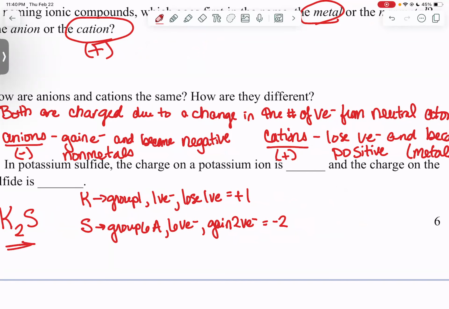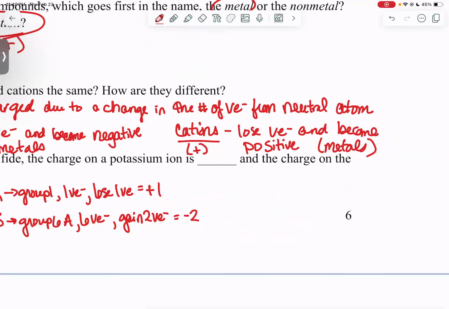Okay, so now that we know the charges, I'm going to show you 2 different ways to get to this formula. So the first way is kind of the long way, but that's okay. It's going to make sense. So I'm going to start with my potassium. How many valence electrons did we say it had? It has 1. All right, and then we're going to have a sulfur atom. And a sulfur atom has how many?